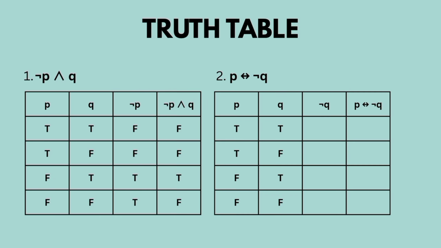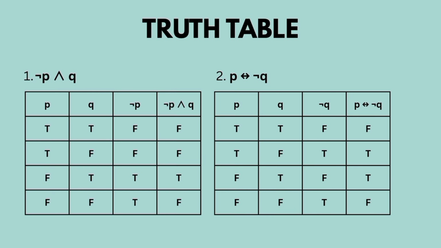Number 2, P if and only if not Q. To answer this one, we just need to apply the same method we did in number 1. So if Q is true, then not Q is false. And if Q is false, then not Q is true.